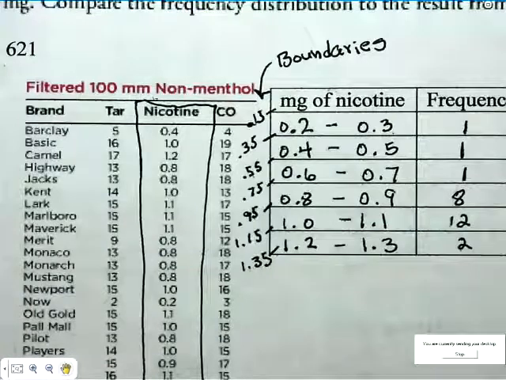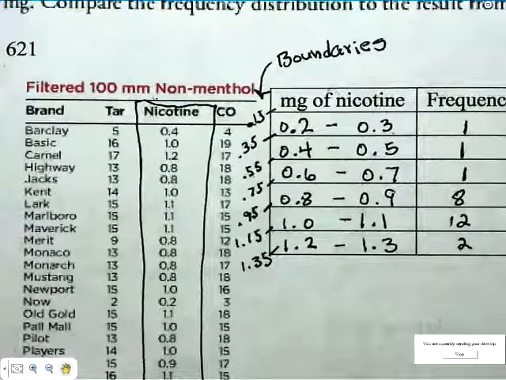So I didn't need to go up to 0.399. I just needed the next 10th before 0.4, and the next tenth before 0.6. That was a better way of describing it, the tenth before, because all my data values were to the nearest tenth. I didn't need to go to the hundredth or thousandth.